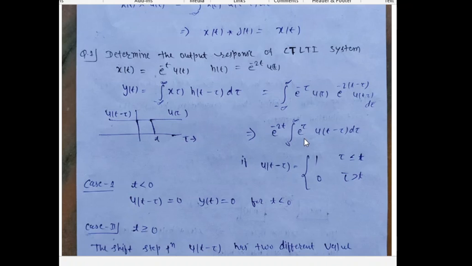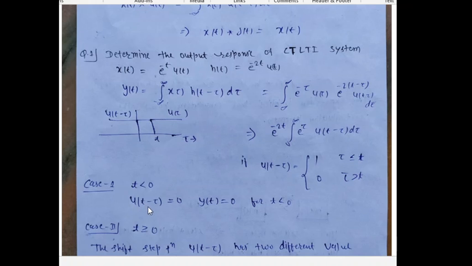So e to the power tau, so we get finally e to the power minus 2t. So integration 0 to infinity e to the power tau u(t minus tau). Then we can say that if tau is less than t, then it will give 1, and when tau is greater than t, it gives 0.